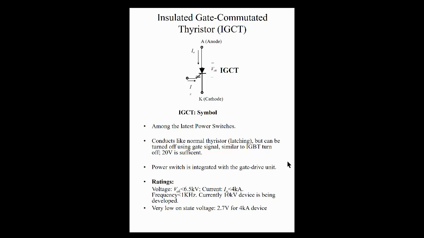All right, so another device came on, right? The insulated gate commutated thyristor. Again, with this one is in response to the thyristors, where you're not able to control the signal from the gate.